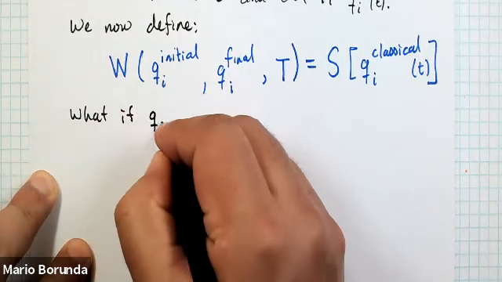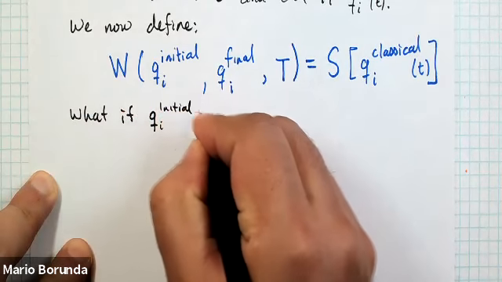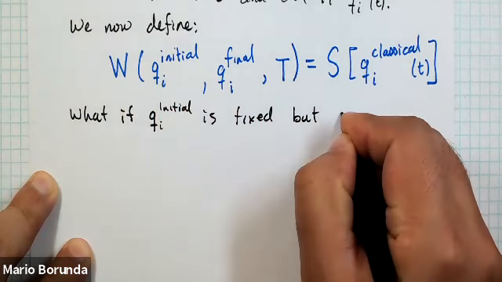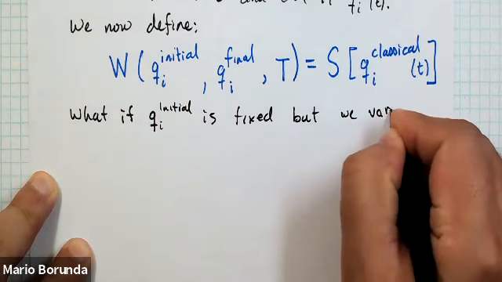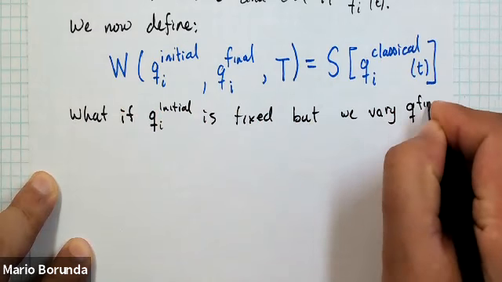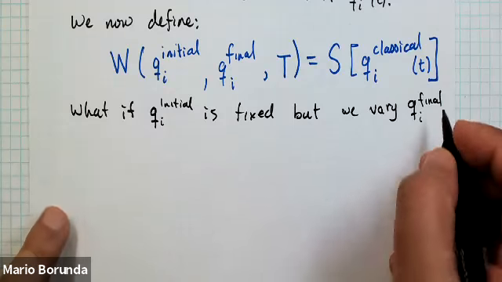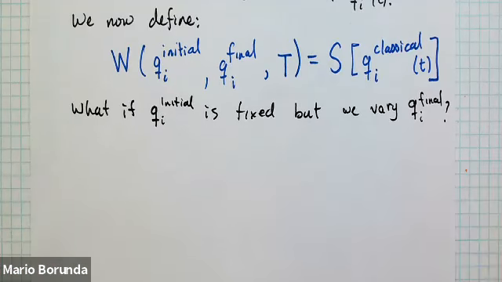Q initial is fixed, but we vary Q final, the endpoint, right? So if we go back to, I forget what chapter it was, but the one about the variation of the action.